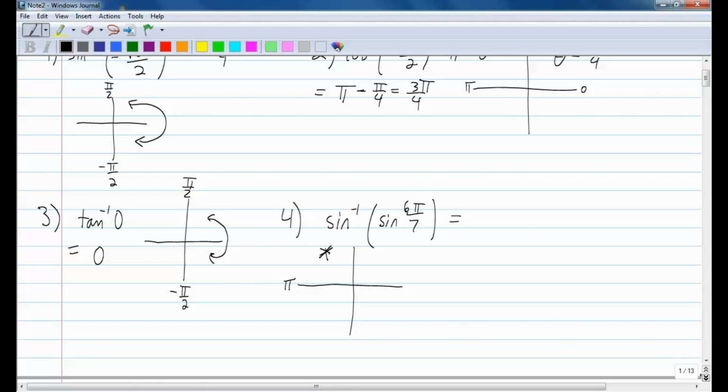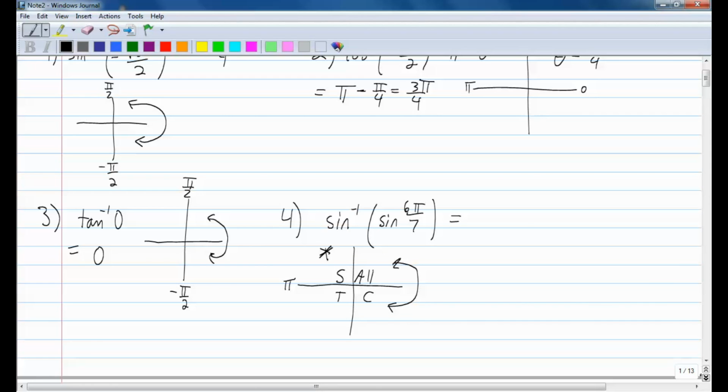So we're right here, in the second quadrant, where sine is positive. Inverse sine is defined between negative pi over 2 and pi over 2. Sine is positive in the first quadrant. So we want to take this angle in the second quadrant and change it over to its reference angle.